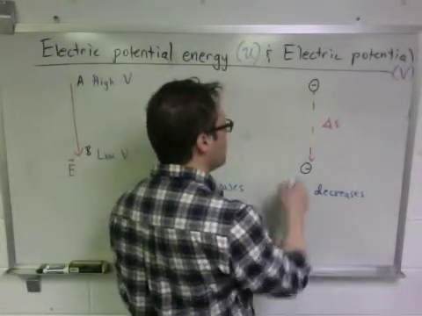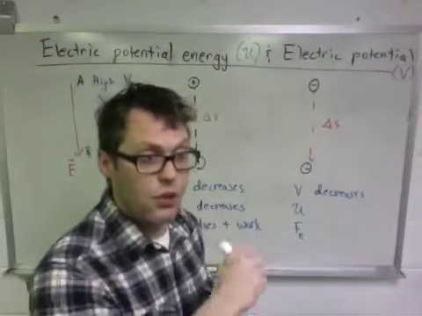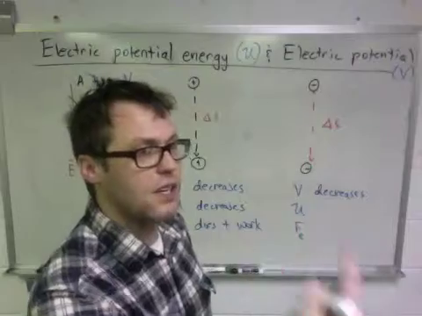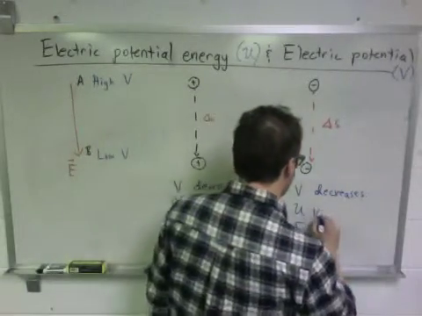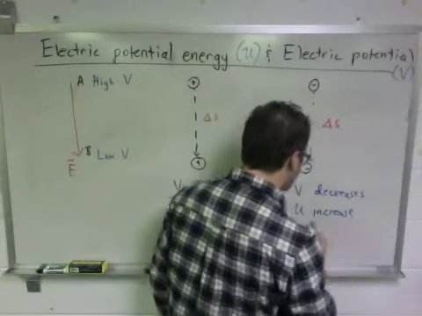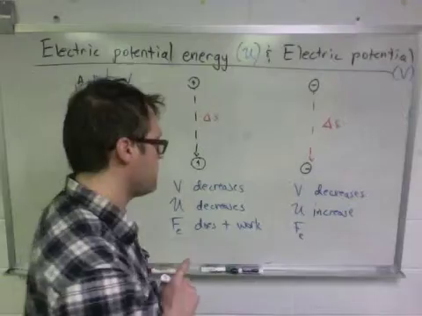What happens to U? Well, now in this case, the potential energy, since delta U is Q times delta V, and Q is negative, U is going to increase. So you can see that U does depend on the charge.